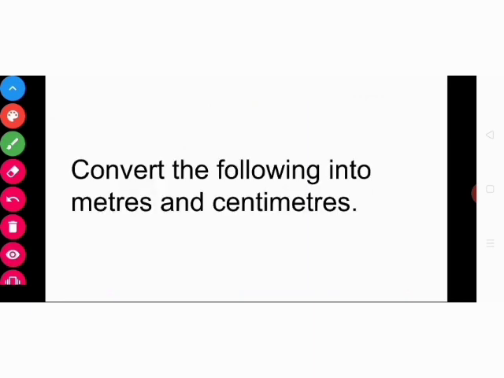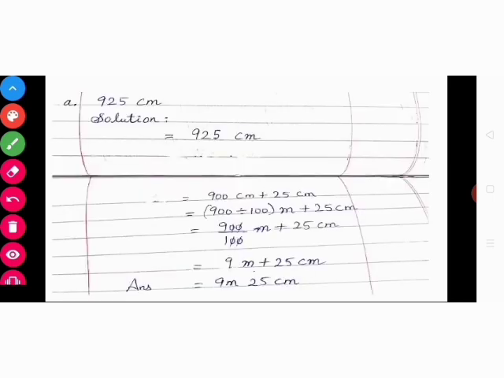Look at another topic. Convert the following into meter and centimeter. So what is the sum given? 925 centimeter. You want to convert into meter and centimeter. So what you want to do? This 925 you can split and write 900 centimeter plus 25 centimeter.